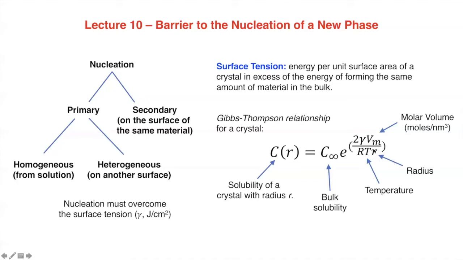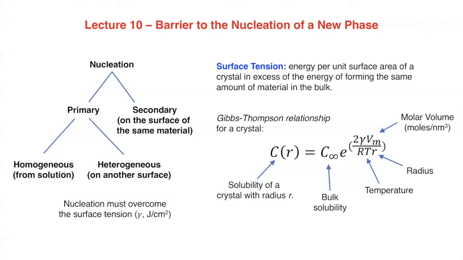Okay, and so this expression basically says that the smaller the crystallite gets, the more soluble it becomes. And the speed at which that happens depends upon the surface tension. Something with a very high surface tension doesn't want to form as a small object, and so it becomes more and more soluble, more easily broken to pieces as that surface tension goes up.